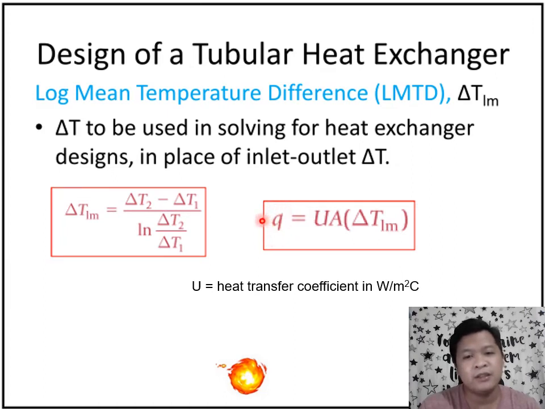Q for the heat exchanger during heat exchanger design. No? So we'll see in the next slide kung alin yung delta T2 and delta T1, because this is dependent on whether concurrent or countercurrent yung heat exchanger flow mo.